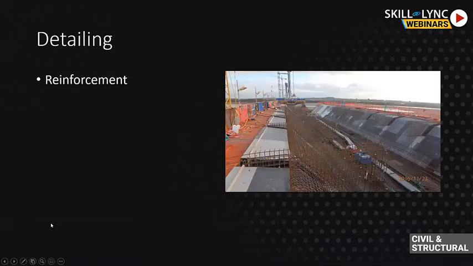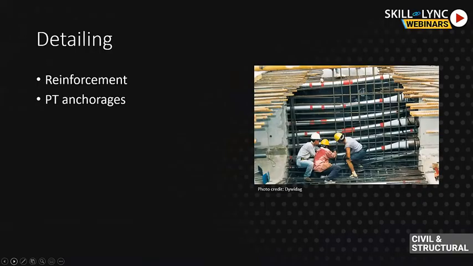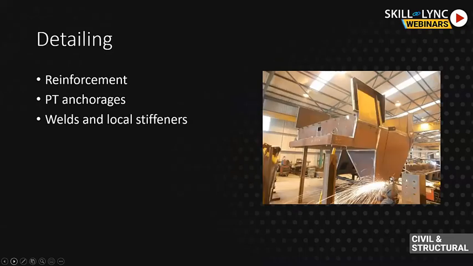And then once you've developed your design, you go into detailing. And again, a lot of different structures require different detailing levels. For example, for reinforced concrete structures, you have lots of bars to design. You have a lot of detailing and reinforcement. For PT anchorages and PT arrangement, it's quite a complex bit of design. You need to make sure that the forces are transferred correctly and they are going in the right direction.